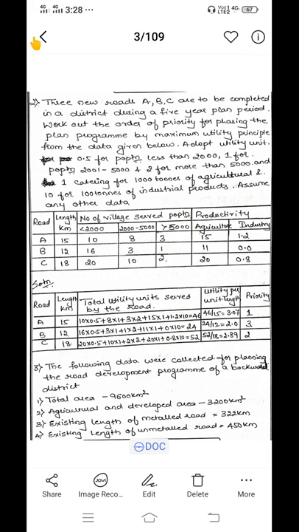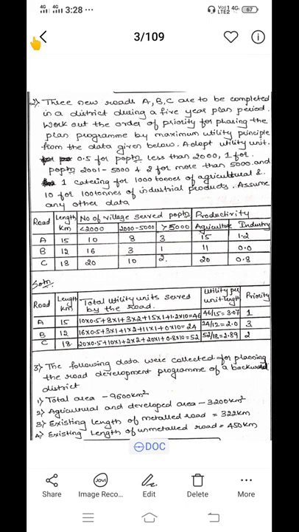So utility per unit length: the length is 15 kilometers, the total length of road type A. The utility is 46 divided by 15, which is 3.07. Similarly, for road B, the length is 12 kilometers. There are 16 villages whose population is less than 2000, so 16 into utility unit 0.5, because the population is less than 2000.